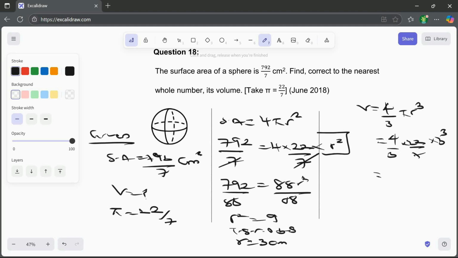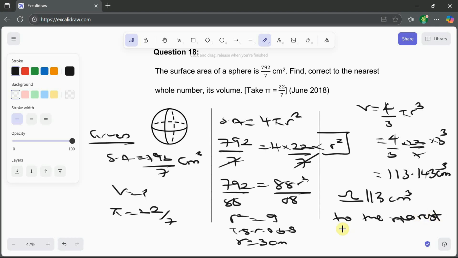So our volume is 113.143 centimeters cubed. It says correct to the nearest whole number. After the whole number, the next number is 1, so it's not carrying over anything. So that's approximately 113 centimeters cubed to the nearest whole number.